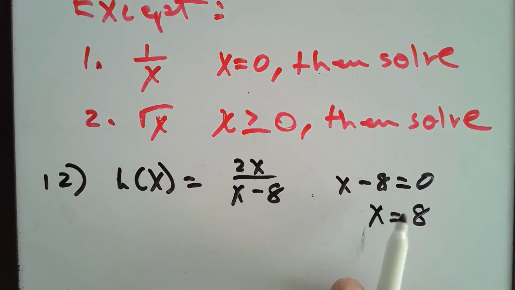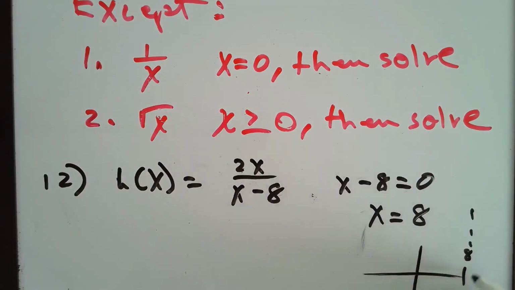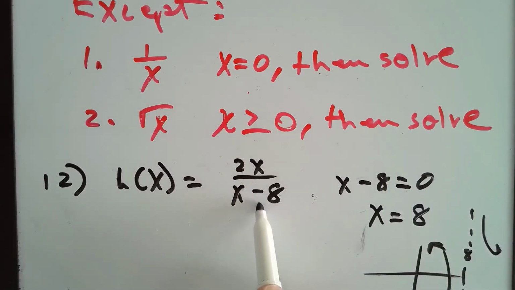If we were looking for the vertical asymptote, that would be the vertical asymptote at 8. The graph will be anywhere but there, because if we put in 8 here, we get undefined.